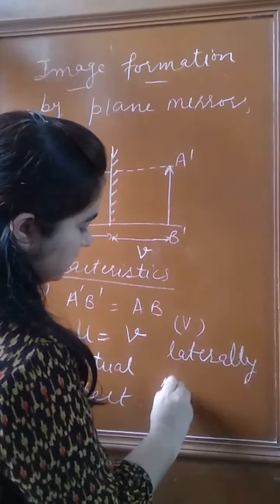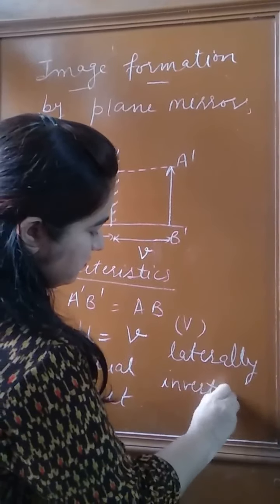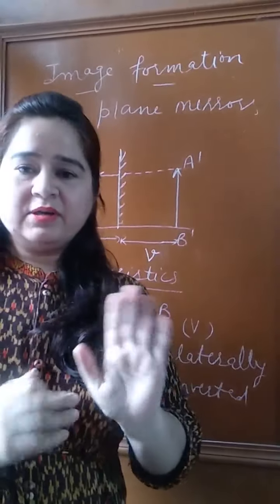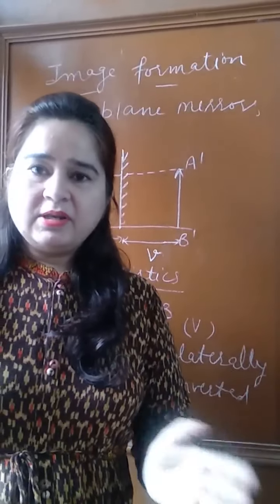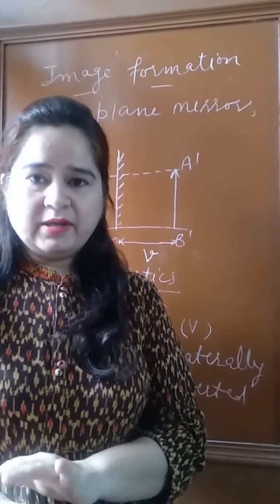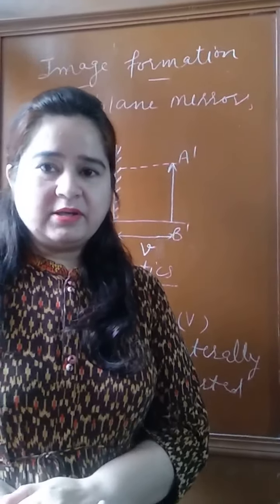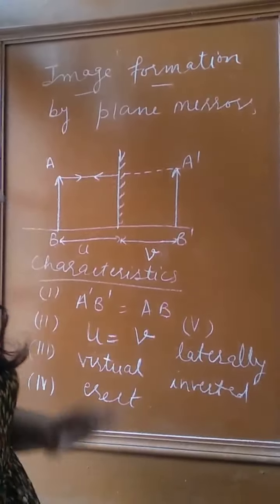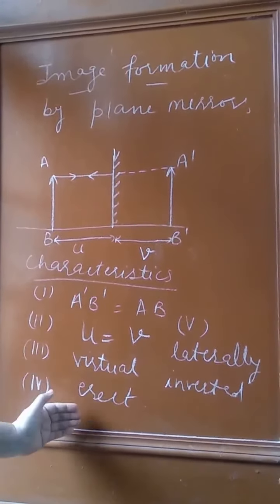Laterally inverted means our left side becomes right and right side becomes left. Means the image formed by the plane mirror is laterally inverted. Now these are the characteristics of the plane mirror.